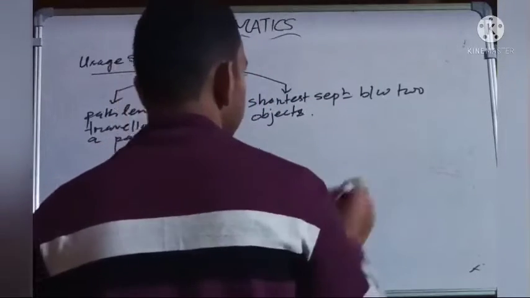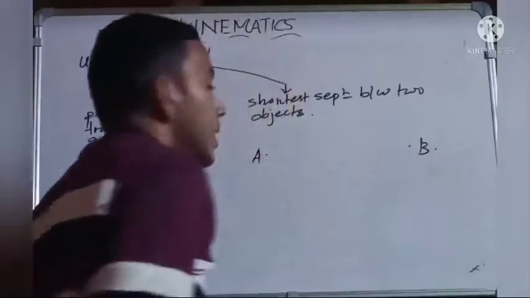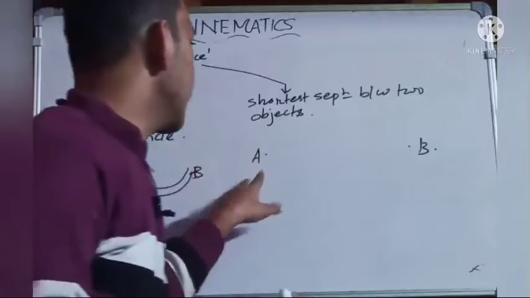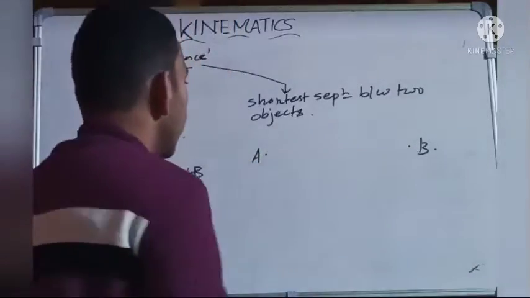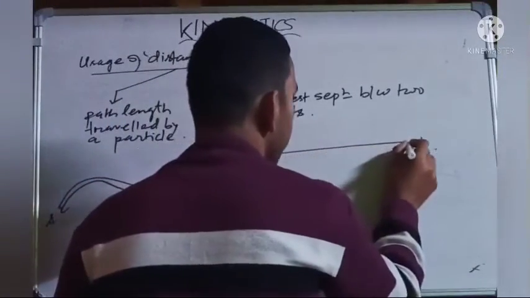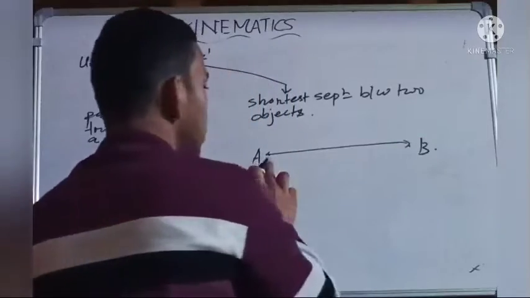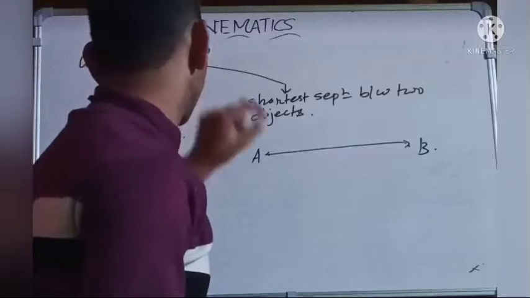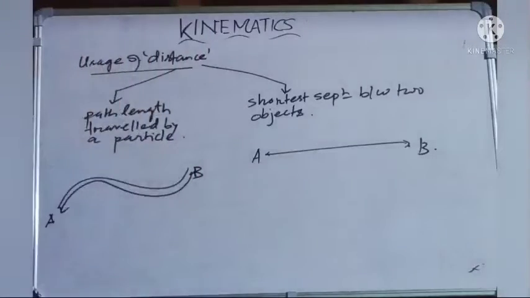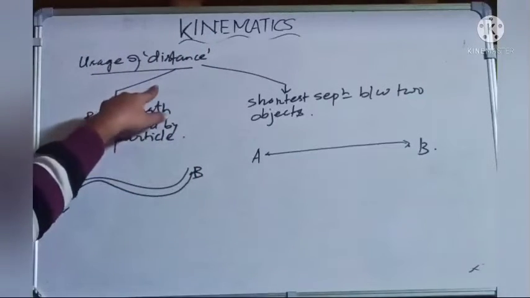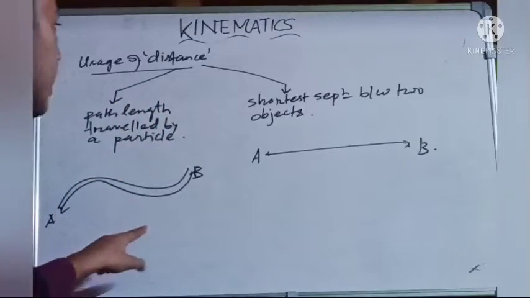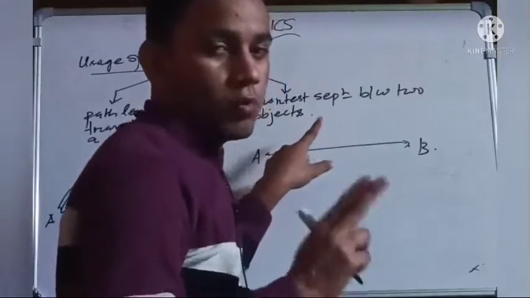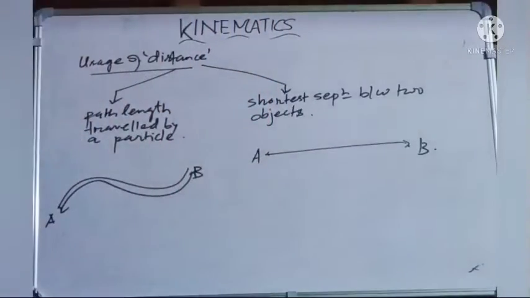Suppose this is an object A, this is an object B. Then if the question is to find the shortest separation between A and B, we have to find this straight line joining A and B. This is also a usage of the word distance. We should note that in the first case the word distance is used for a single particle, but in this case it is used for two objects or two particles.